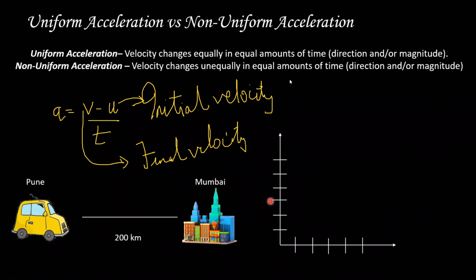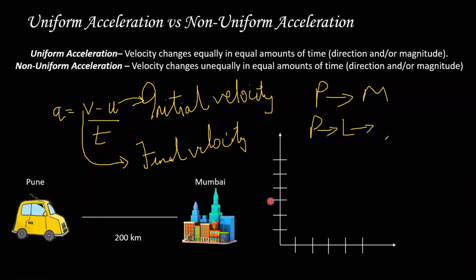So we are going from Pune to Mumbai, and we take a few stops between Pune and Mumbai. So from Pune, we go to Lonavala. From Lonavala, we go to Khopoli. And from Khopoli, we go to Mumbai. So we took 2 stops, not 3. Okay, so we go from Pune, we go to Lonavala.